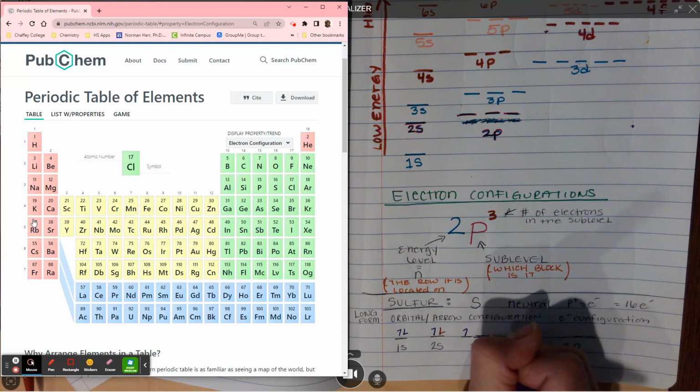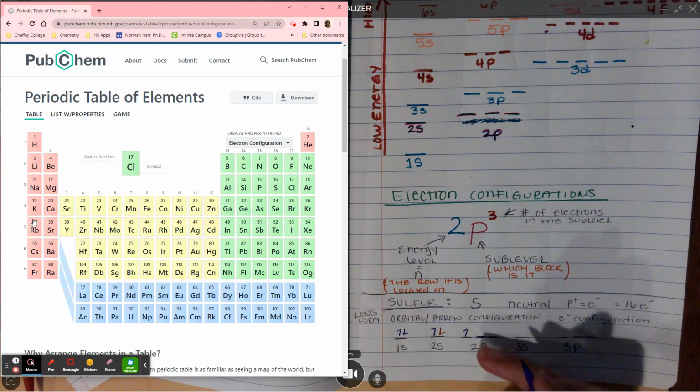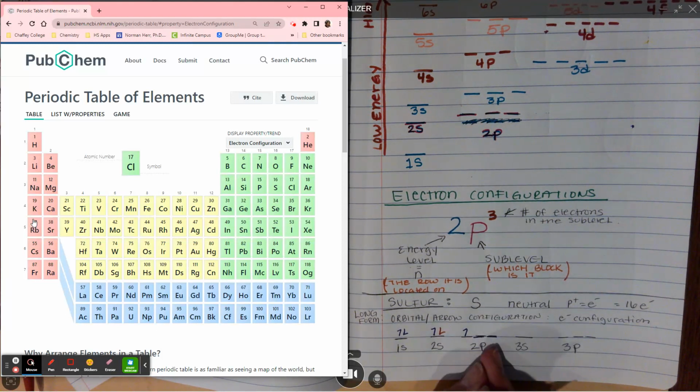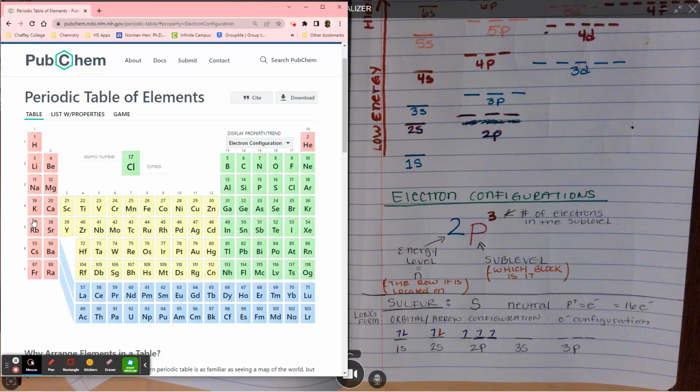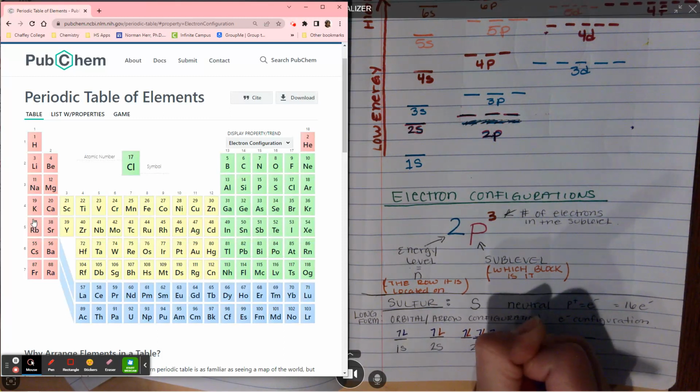The next rule says you must have 1 electron in each orbital before you add another electron to any of them. So I cannot fill that first orbital up. I have to put another electron in each of those orbitals first, and then if I still have electrons left over, I will fill it up.